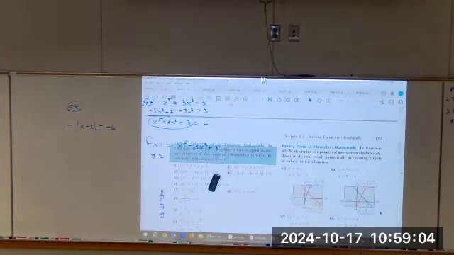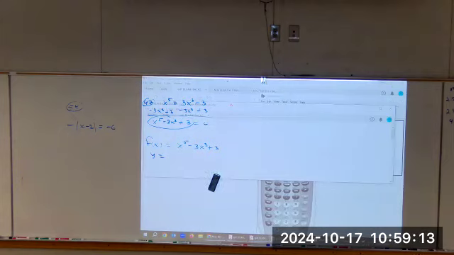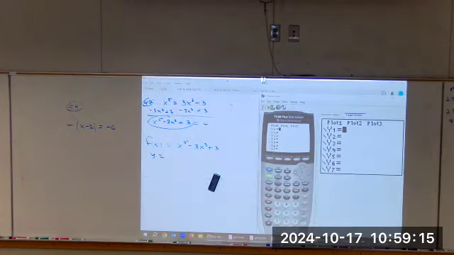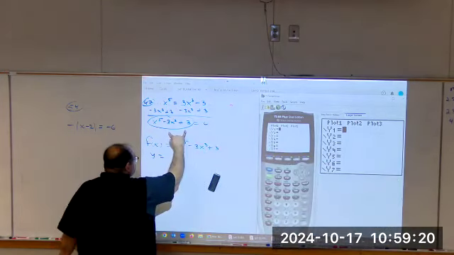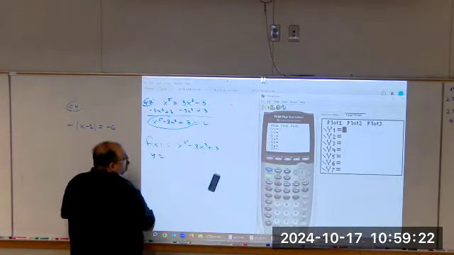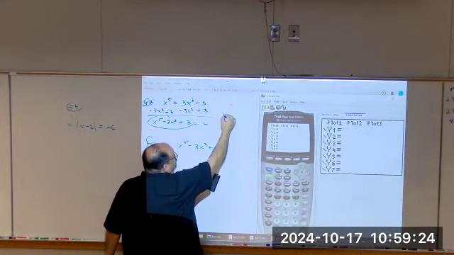So we wrote it as a function, y or f of x equals, and then what we're actually looking for is when does this function equal 0? What we're looking for are the x-intercepts.